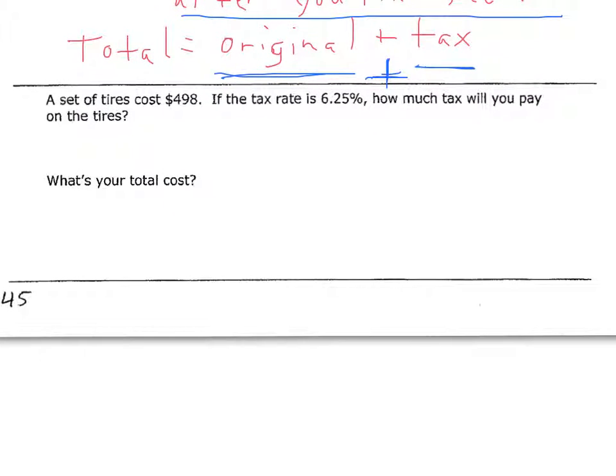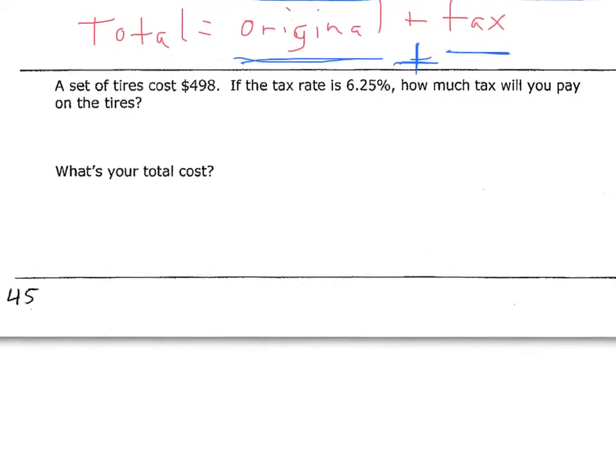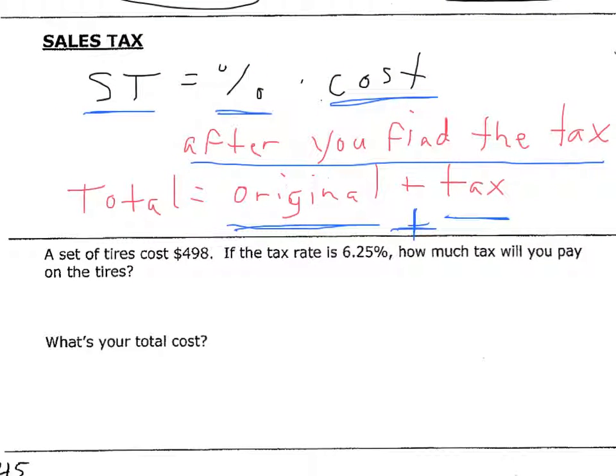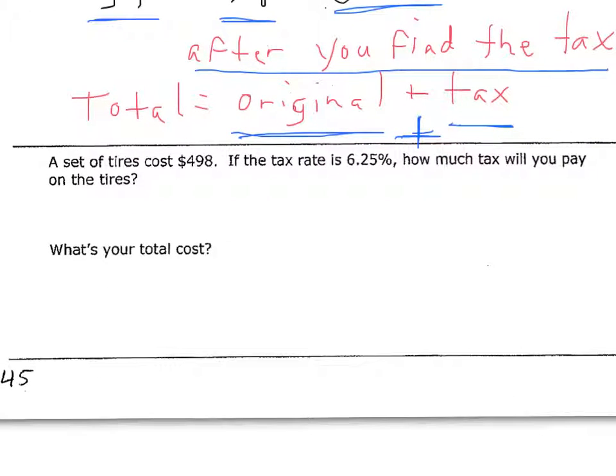Okay, so let's try a couple of examples real quick. The first example says a set of tires costs $498. If the tax rate is 6.25%, how much tax will you pay on the tires? So you know the cost of the tires is $498.